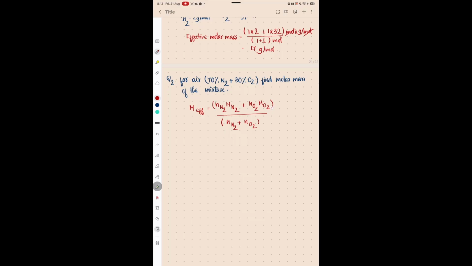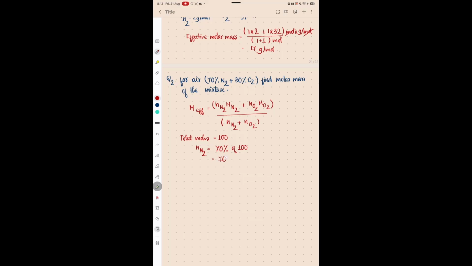Let's say the total moles of the mixture is 100, right? Then n of N2 will be how much? 70% of 100.